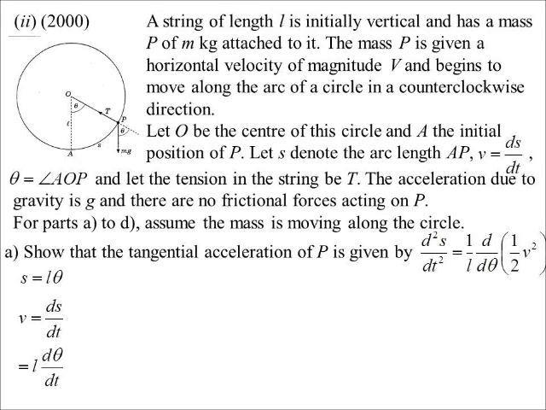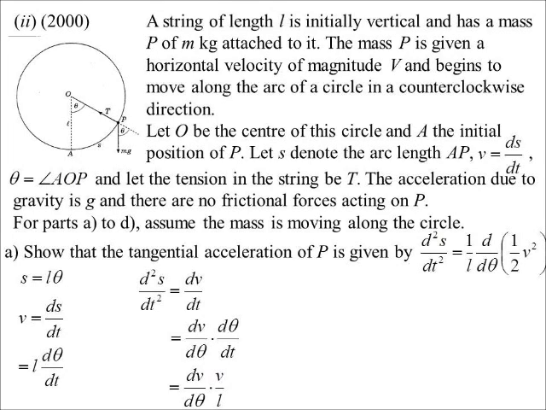So the acceleration is dv/dt. And I'm going to do exactly what I did before all those weeks ago when we proved d/dx of a half v squared. I'm going to use the same idea. So I've changed dv/dt into dv/d theta times d theta/dt. But d theta/dt in this case is v on L, whereas before when we did it was just v.